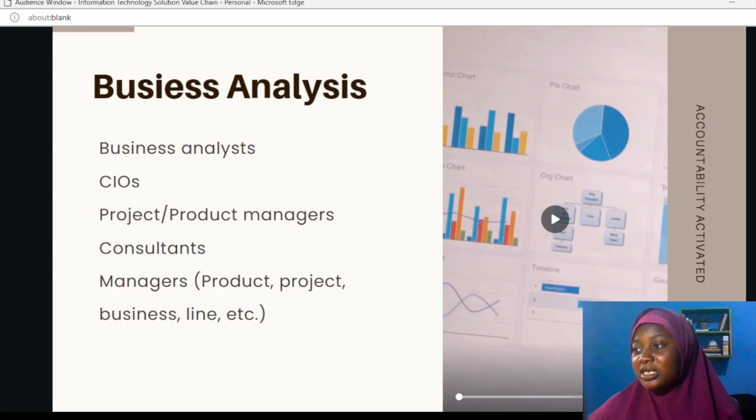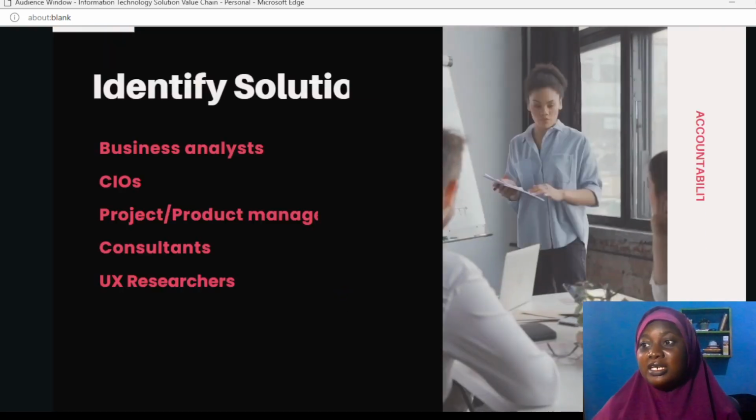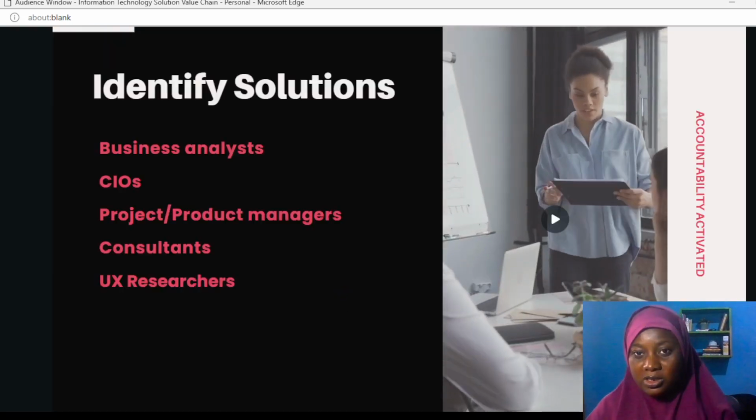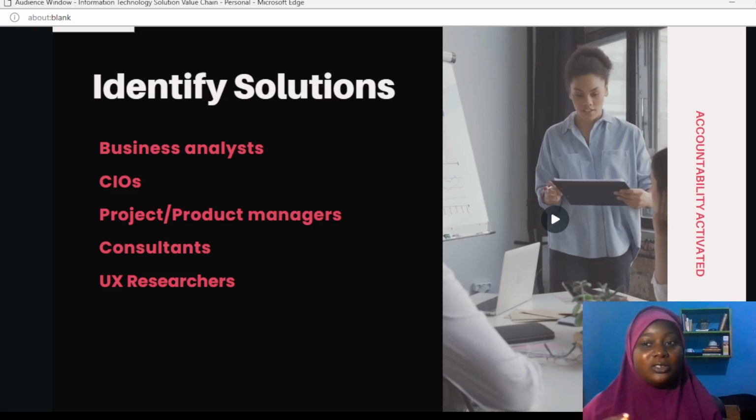So the next one is identifying solutions. The same skills that I mentioned earlier are also important in identifying solutions.